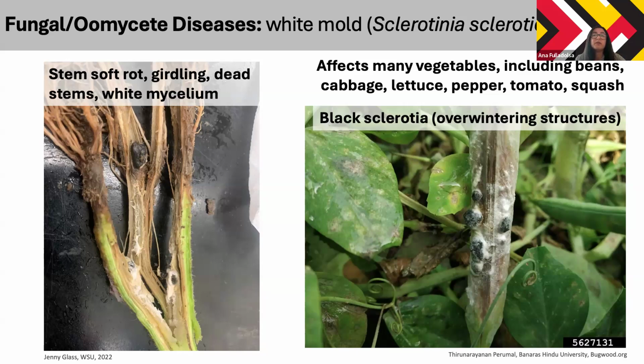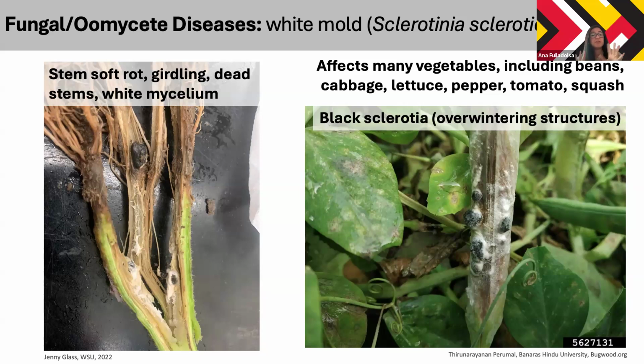A couple things to look for: early on, the transplants can show necrosis at the soil line. Then if the conditions are humid or very moist, if the soil is wet, if there's a lot of canopy, humidity, and moisture, then it can develop the soft rot. Slowly, it will girdle the stem, and then the rest of the plant dies.